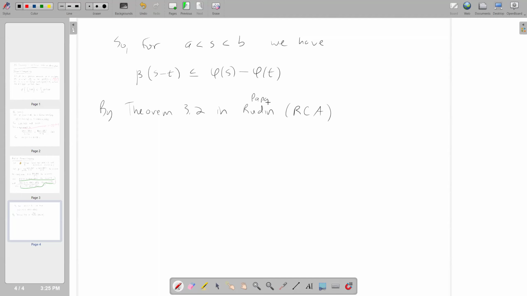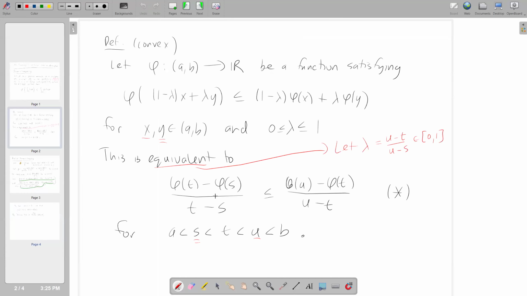He describes it geometrically, but you can write down formulas using the inequalities that we have here. Just put another point in, get another quotient going over here, and then multiply by t minus s, like I said.